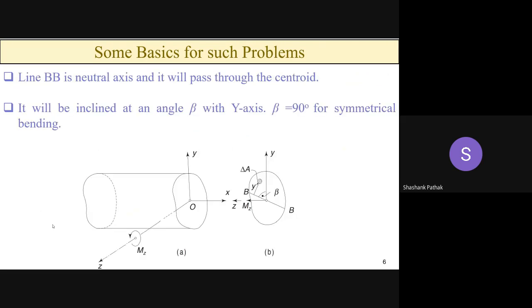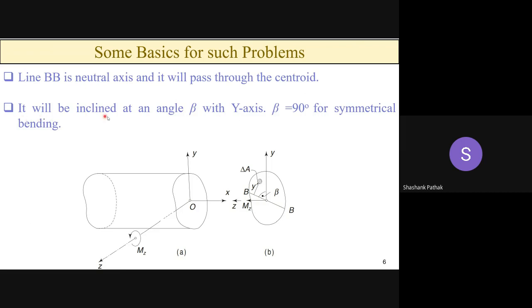Here in this diagram, it is shown that line BB is the neutral axis. Here, this is the neutral axis. Now the neutral axis will not be along like this. The neutral axis will be like this because this is the case of asymmetrical bending, and it will pass through the centroid.